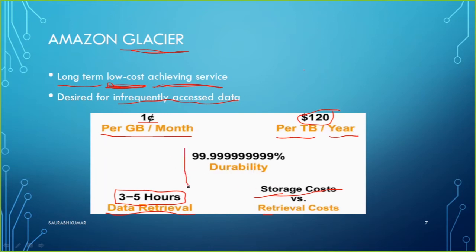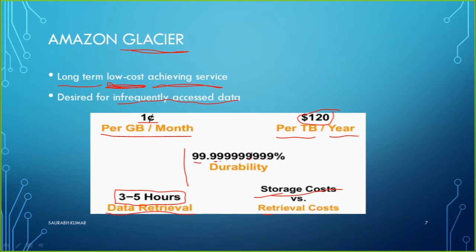The durability, if you see here, you count the 9s. So we have 1 2 3 4 5 6 7 8 9 10 11. So 11 nines is one of the top-level durabilities. 11 nines means you can imagine 0.000000001% is only missing there for durability.